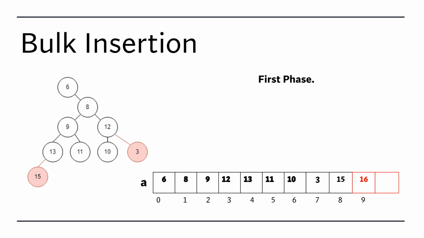Then we start with the parents of the buffer elements and perform a shift down operation. After that, we consider the parents of the parents and repeat this operation until the number of nodes that we need to deal with is at most 2. Since at this point the number of nodes is 2, we don't do the shift down operation and go for the second phase.